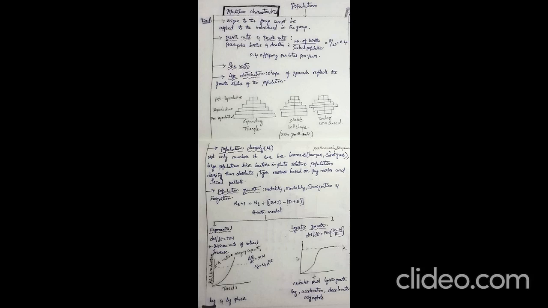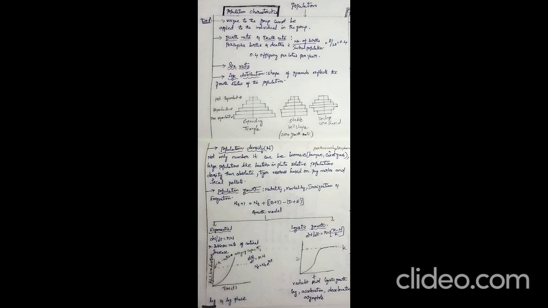I'll give you clarity on this. Pre-reproductive, reproductive and post-reproductive groups are taken in a pyramid way, where an expanding population will always have more pre-reproductive, fewer reproductive than pre-reproductive, and fewer post-reproductive than reproductive.